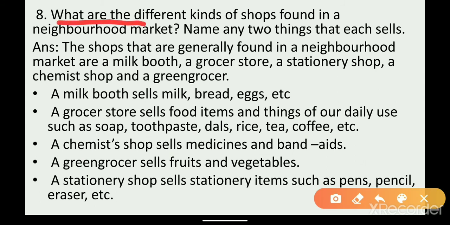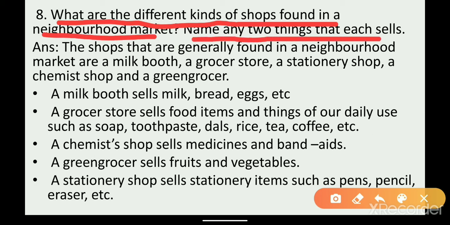What are the different kinds of shops found in a neighborhood market? Name any 2 things that each sells. So we have to write the different shops which we find in our neighborhood market and 2 things which that shop sells.